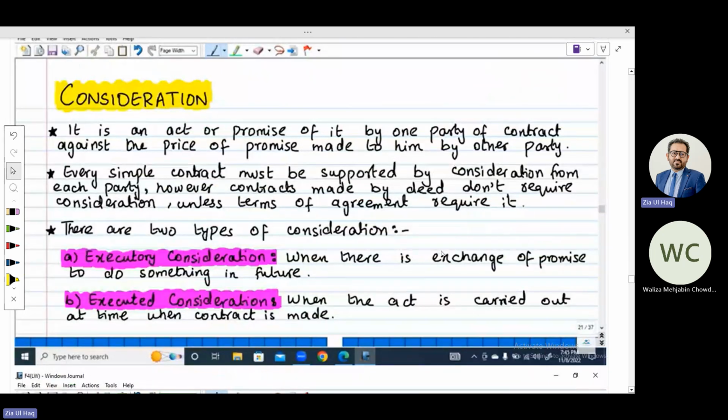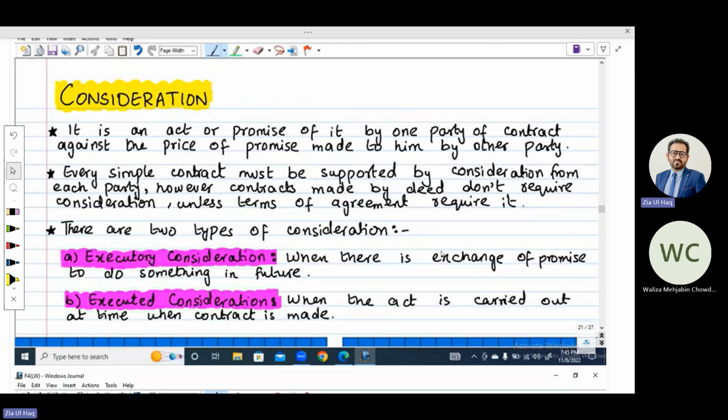Now, the second element of a contract is consideration. Consideration means that both parties have to give something to each other. One party paying the money, the other party sending the goods. So money is consideration for one party, goods are consideration for the other party. So what is consideration?